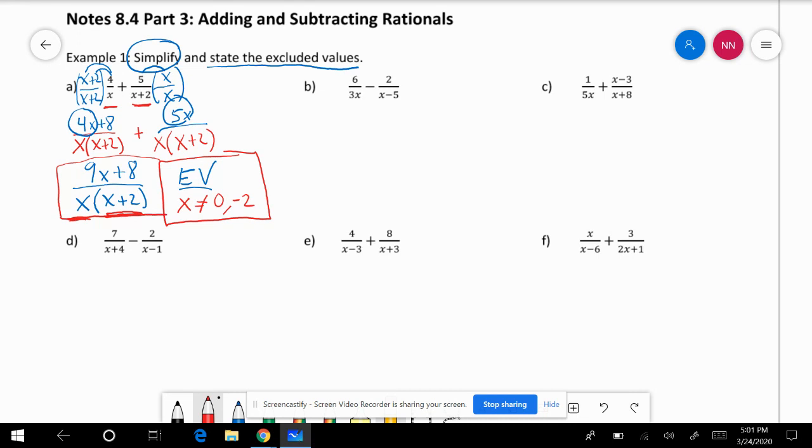Now, looking at letter B, we're going to do the same thing. We're going to look for a common denominator. Our common denominator is going to be the product of the two, so we have 3x and we have x minus 5.